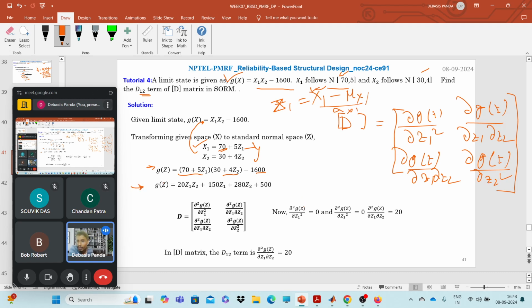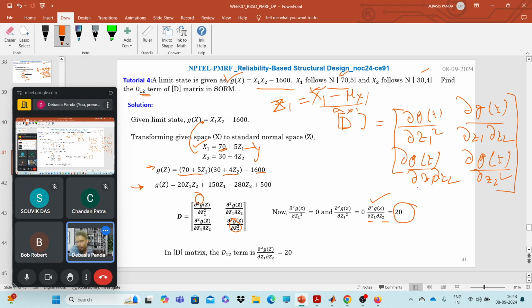Now what you need to do is differentiate twice with respect to z1. If you differentiate twice with respect to z1, what will you get? 0. So the first term will be 0. Obviously if you differentiate twice with respect to z2, you will also get 0. Only the cross terms remain, so make the derivations and check what you are getting. Del square g by del z1 del z2 comes out as 20.